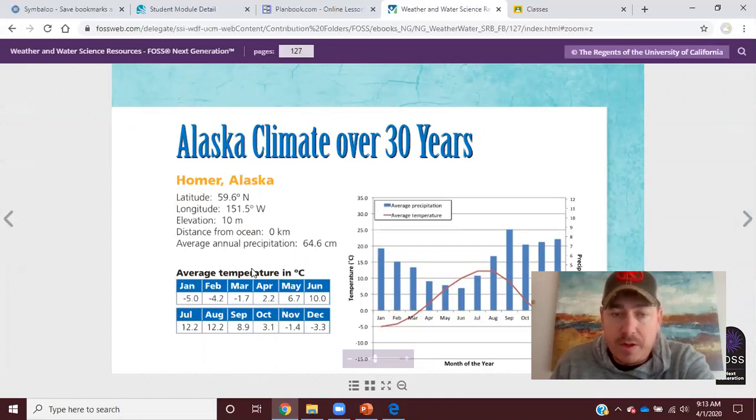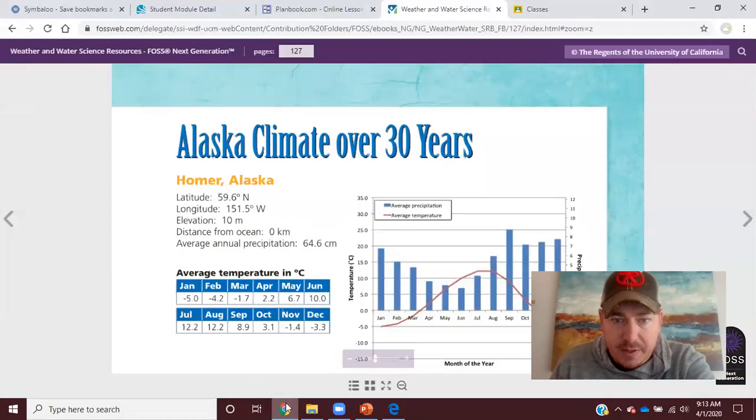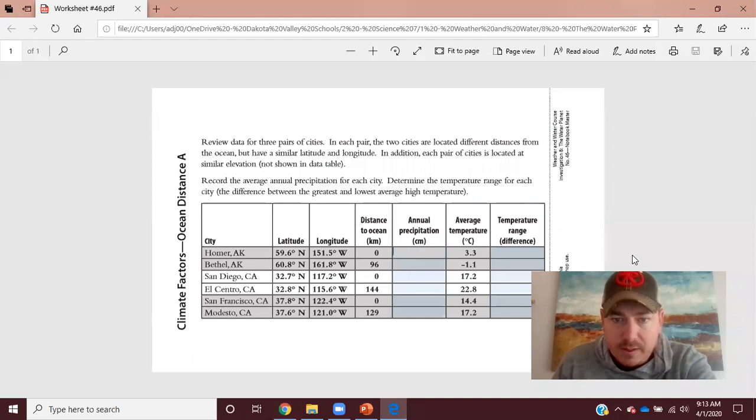If for some reason you don't have the worksheet, that's fine. These are fillable PDFs. So when you download this, let's see, we are on Homer, Alaska. The annual precipitation was 64.6. So in here, 64.6.